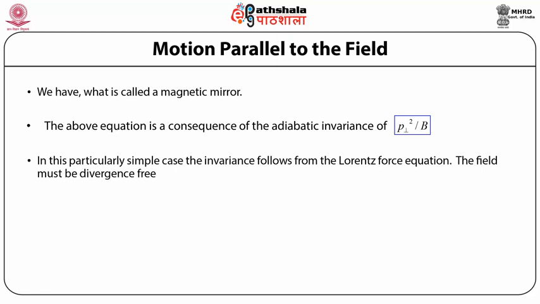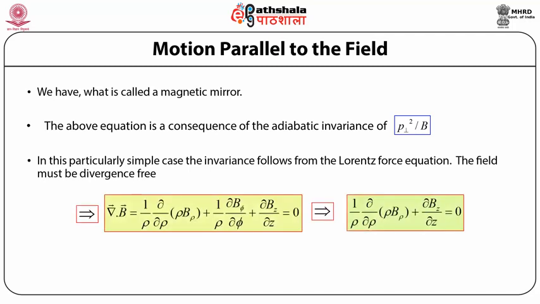The field must be divergence free, that is del dot B equals 0, and in cylindrical coordinates the divergence has the form del dot B equals 1 divided by rho times del by del rho of rho B rho, plus 1 by rho del by del phi of B phi, plus del by del z of Bz, equals 0.